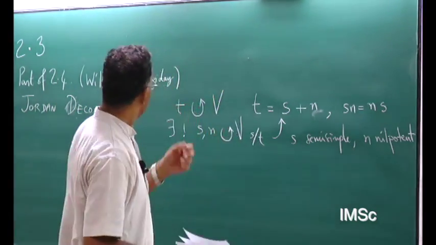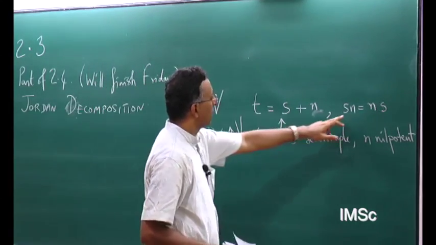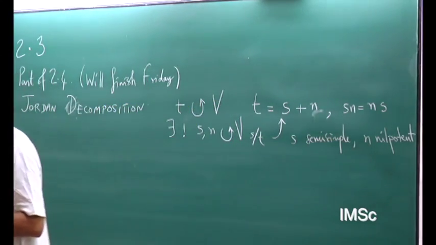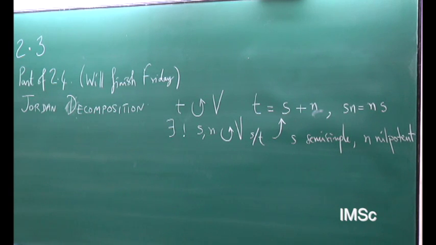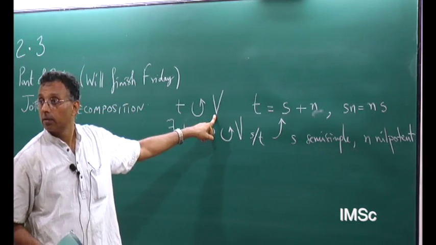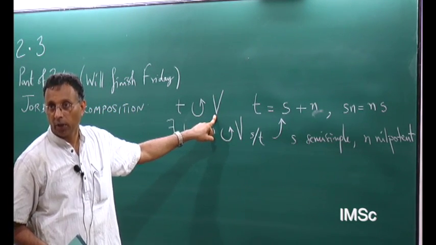Okay. And what does nilpotent mean? It means some power is 0. If you raise it to a sufficiently high power, it's 0. In fact, if you raise it to the dimension of the vector space, it's got to be 0.